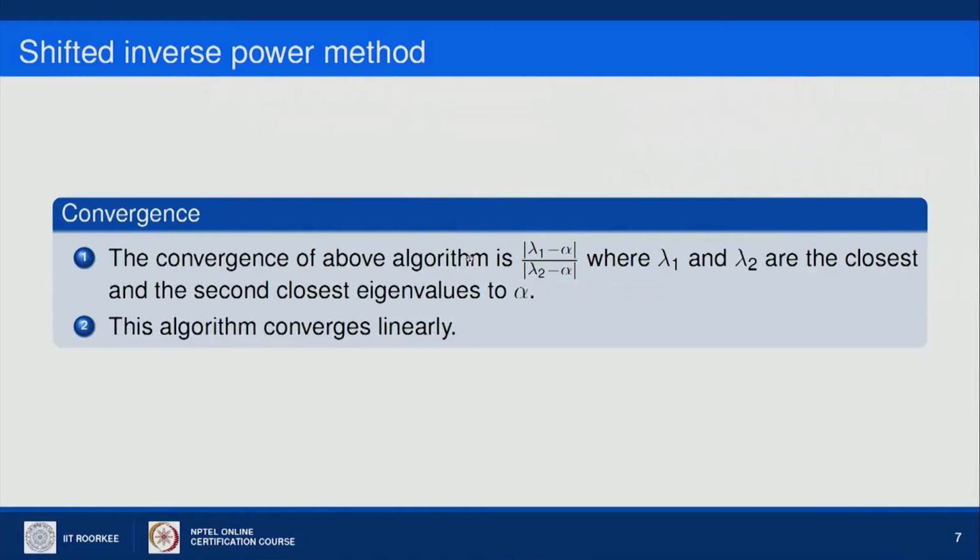The convergence of this algorithm is given by the ratio |lambda 1 minus alpha| upon |lambda 2 minus alpha|, where lambda 1 and lambda 2 are the closest and the second closest eigenvalues to alpha.